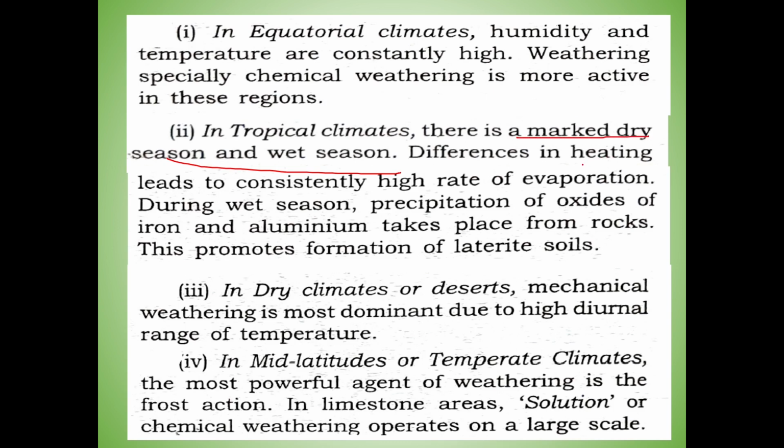That's why differences in heating lead to a constantly high rate of evaporation. In the wet season, precipitation of oxides of iron and aluminium takes place from rocks. This promotes formation of laterite soil. Leaching of water through the laterite rocks forms laterite soil.